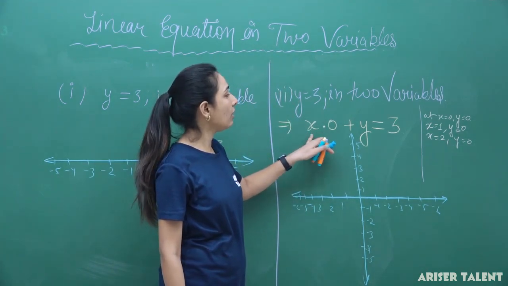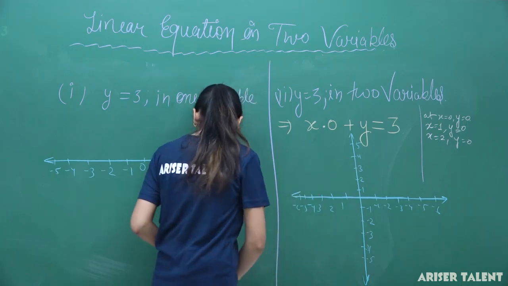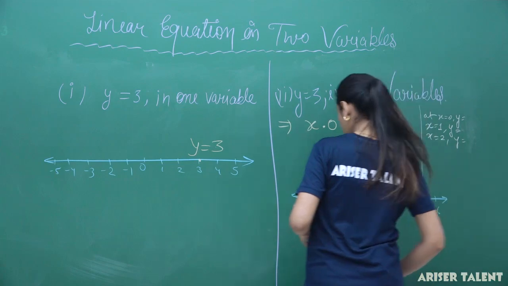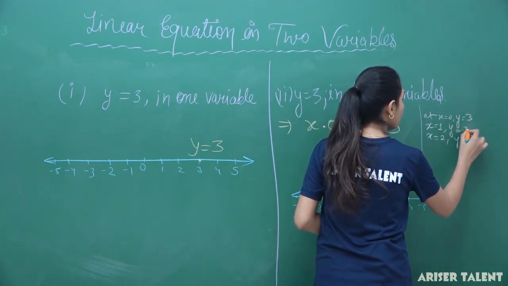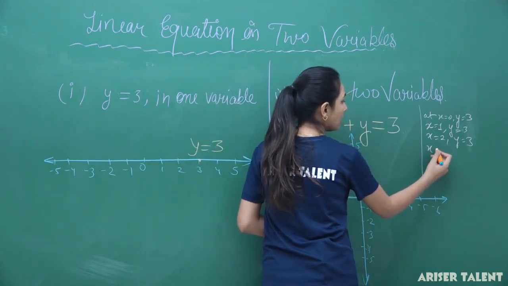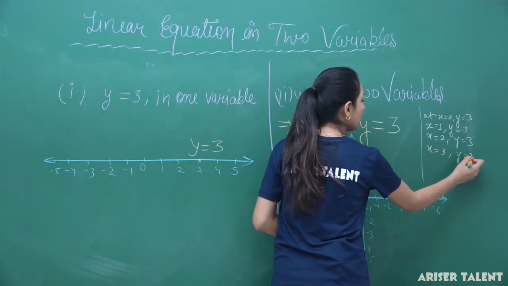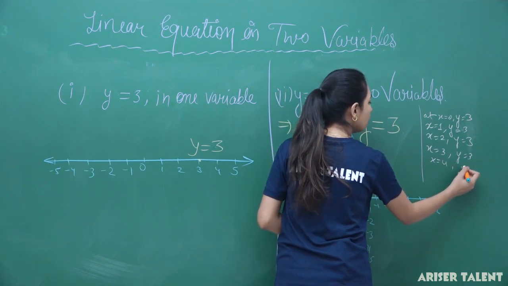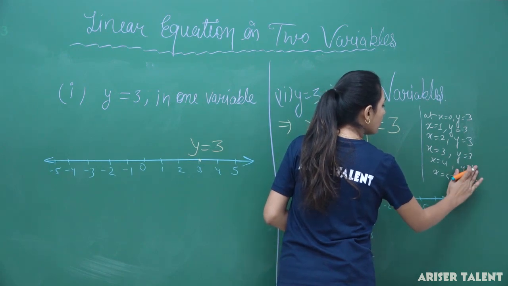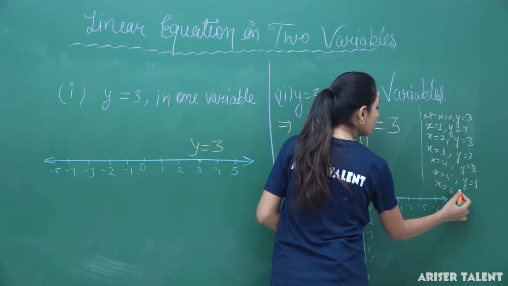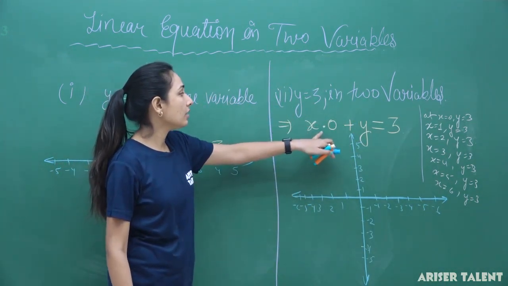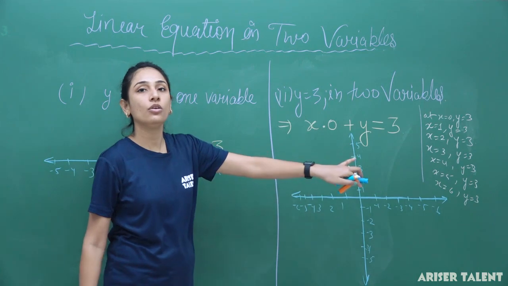Whenever I put any value, I get 3. Again at x equals to 3, y equals to 3, x equals to 4, y equals to 3, x equals to 5, y equals to 3, x equals to 6, y equals to 3. I am getting 3 every time despite whatever value of x I take.